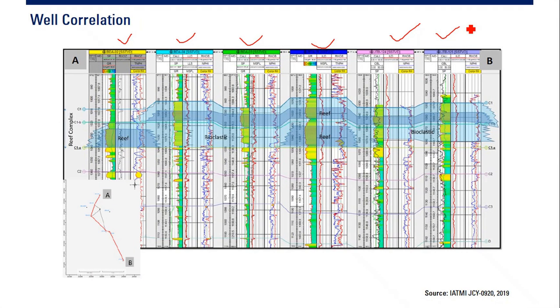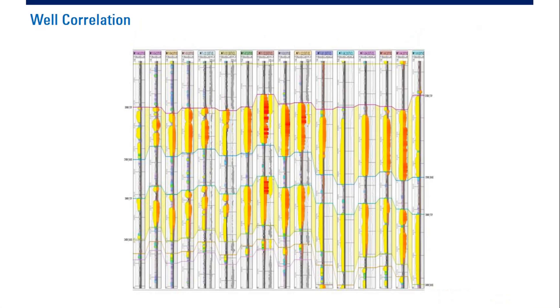Well correlation. This is another well correlation. So you can know the area of your reservoir. This one reservoir. This is another reservoir. You know the distribution. Okay, you know the continuity of your reservoir.